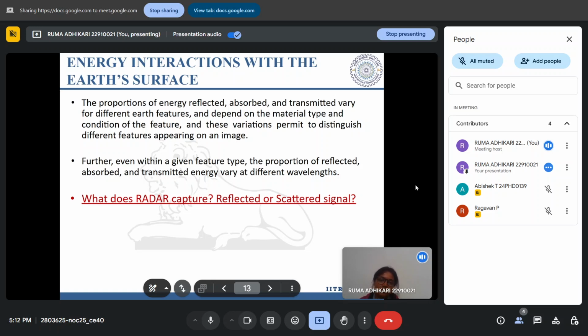Radar transmits the signal, and the signal gets scattered everywhere, and it picks up the signal that is directed towards the sensor. So we call all of this backscatter.